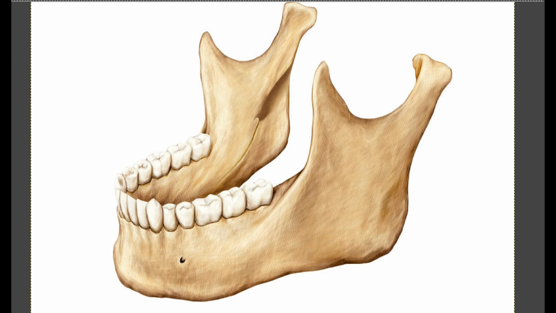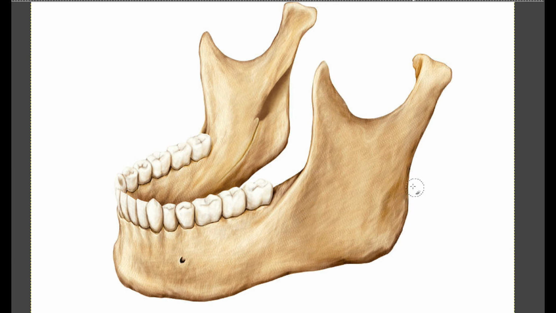The ramus of the mandible is right here. So this extends upward. The ramus comes from basically this corner and is this projection right here, this landmark right here itself, the coronoid process here.